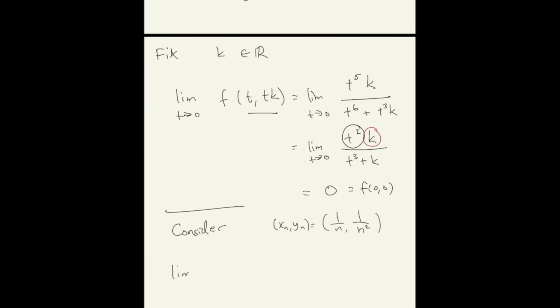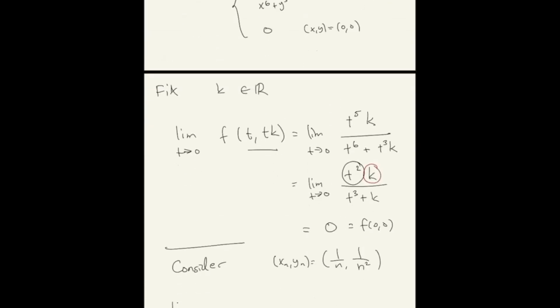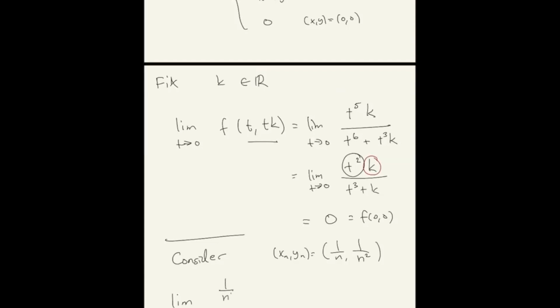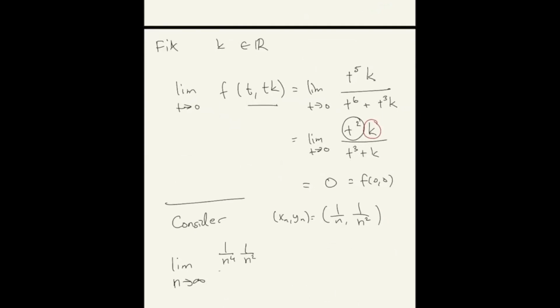Let's see what the limit is along this sequence, not in this direction, but along this sequence. This would be x to the 4th, so 1 over n to the 4th, times y, so 1 over n squared. Then in the denominator we have x to the 6th, so 1 over n to the 6th.